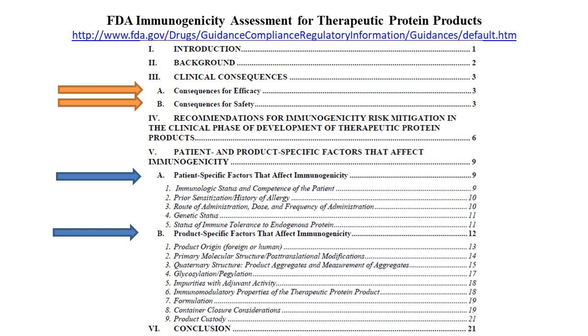And the most important thing is that ultimately what we need to understand is if the immunogenicity of that particular drug is having any consequences on efficacy or consequences on safety.